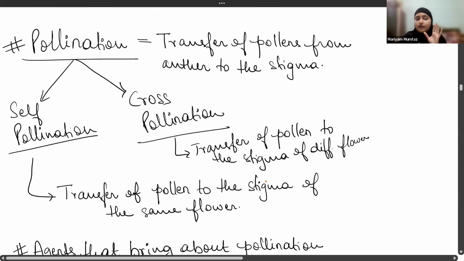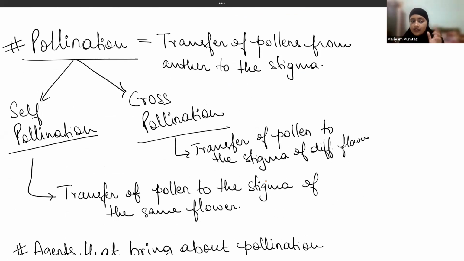Now pollination is of two types: self-pollination and cross-pollination. Let's talk about self-pollination first. It is the pollination in which pollen is transferred to the stigma of the same flower. If one flower contains both the stigma and the anther, the anther releases the pollen grains, and the pollen grain comes out of the anther to the stigma of the same flower, then it is known as self-pollination.